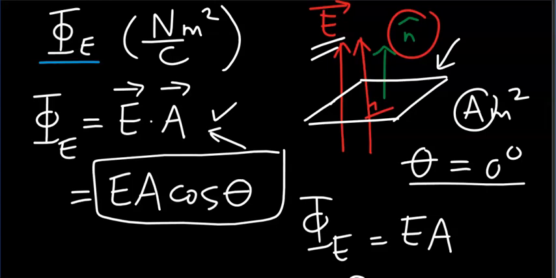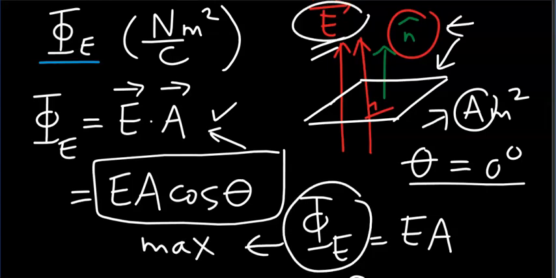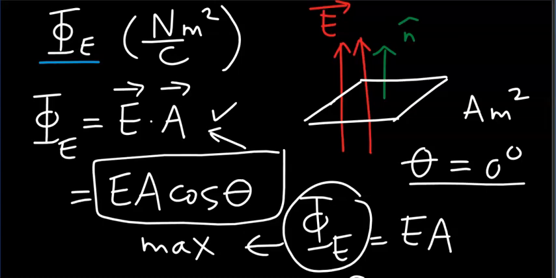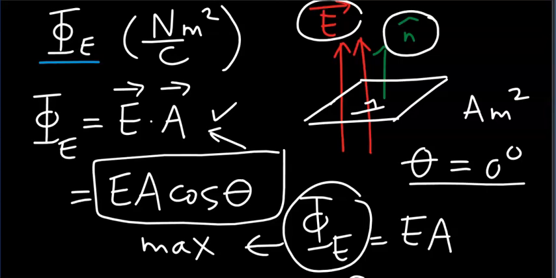So we say the electric flux in this case is maximum. So whenever you have the electric field perpendicular to the plane of the area or parallel to the area vector, we say the electric flux due to that electric field through that area is maximum.